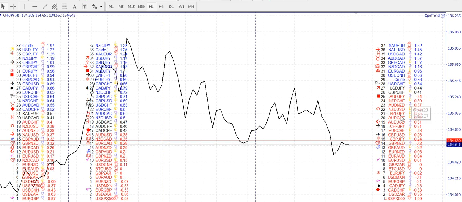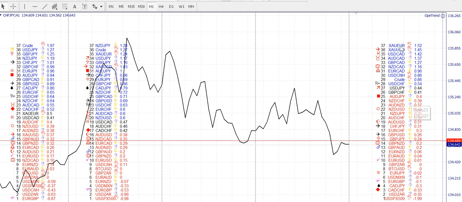So it's not just the major currencies. Number two, it deals with pairs, not single currencies like USD or Euro. This one deals with pairs.